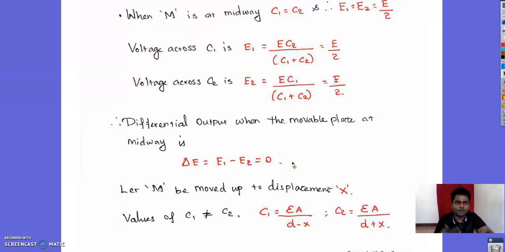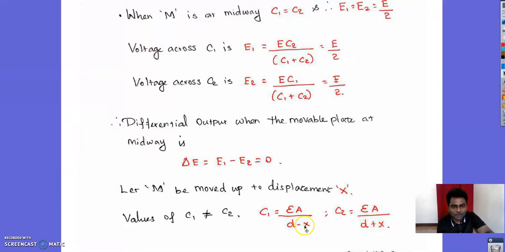Now, as you remember from LVDT operation, it is going to be very similar. Let the movable plate be moved up to a displacement of x. We are going to move the plate for a distance x, which is not in the mid region. So the value of C1 will not be equal to C2. C1 is equal to epsilon A divided by D minus x, and C2 is equal to epsilon A divided by D plus x.